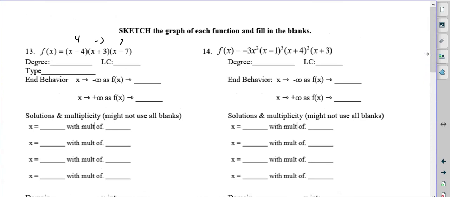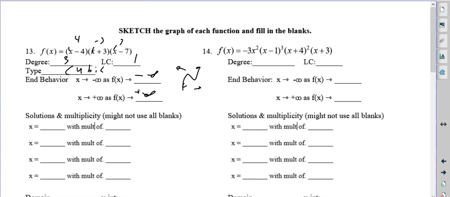Okay, so the degree is a 3. The lead coefficient is 1x times 1x times 1x. That's 1. The type is cubic. End behavior, we already talked about, it's doing this, right? As it's going left, it's going down. As it's going right, it's going up.